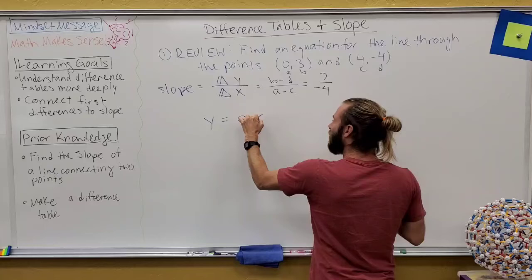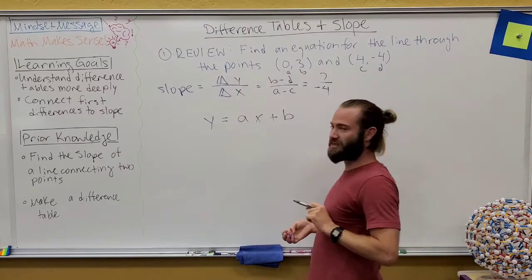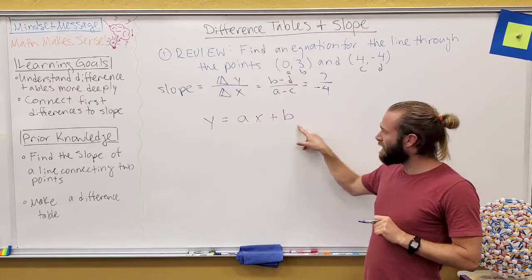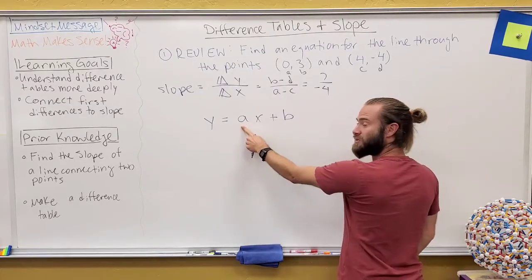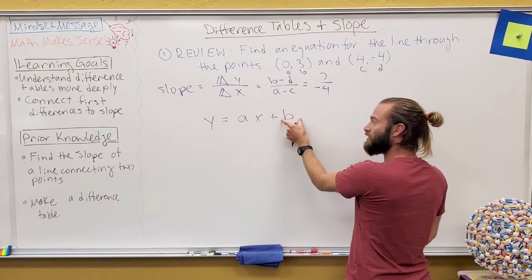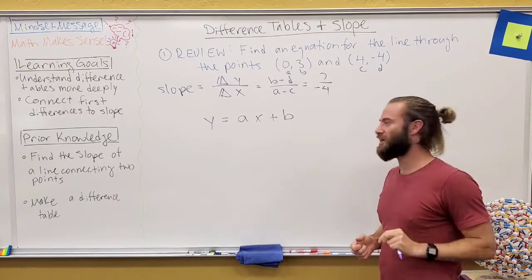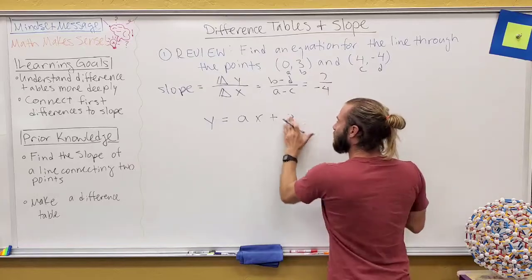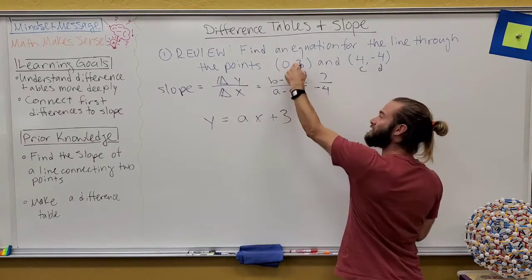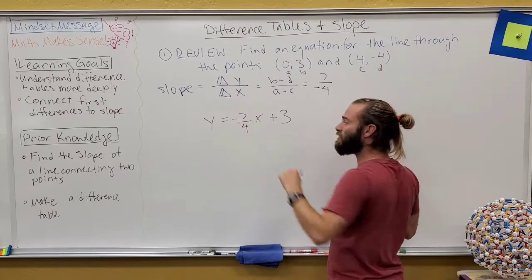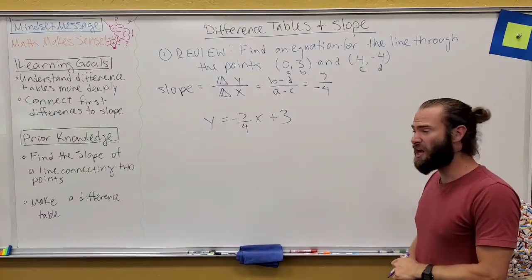I like to generalize it actually because we'll see how this comes into play later, but I like to call it ax plus b. And A represents our slope, if you remember, and this number added at the end represents our starting point, which is our y-intercept, if you think about the graph. So this would be 3, that's given to us, and we already figured out the slope of negative 7/4, and there's an equation for this line.